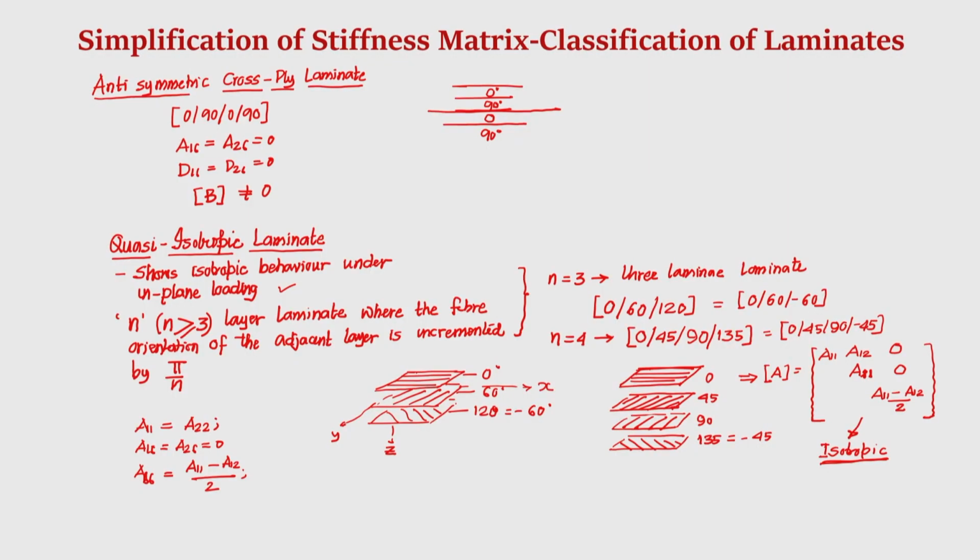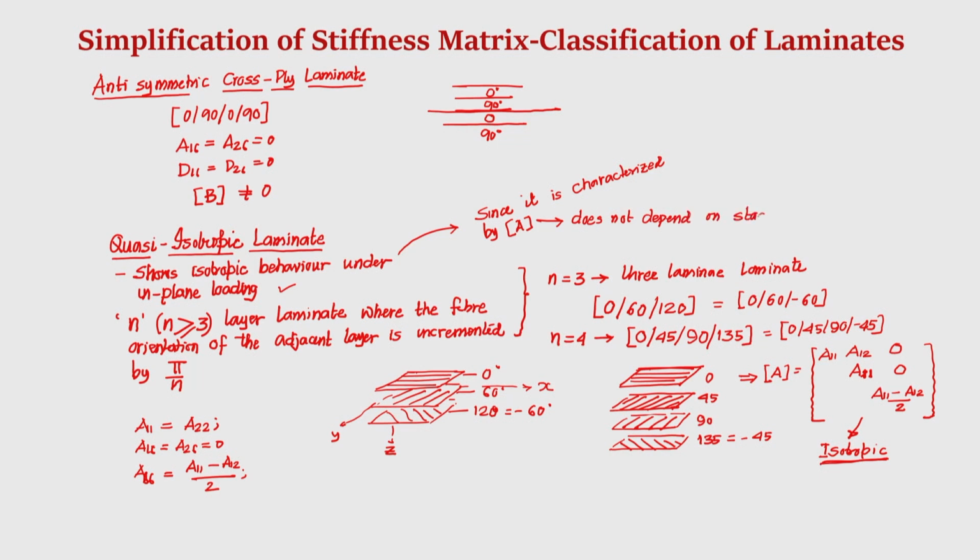Now, since it is characterized by the A matrix, the A matrix is the characteristic of the quasi-isotropic material, and we know A does not depend on stacking sequence.